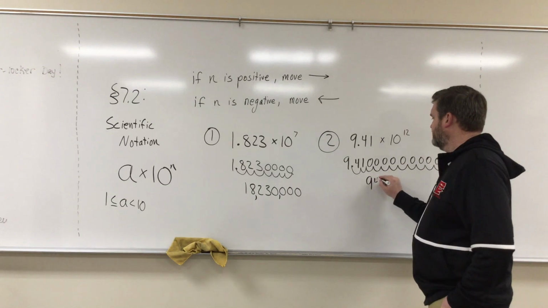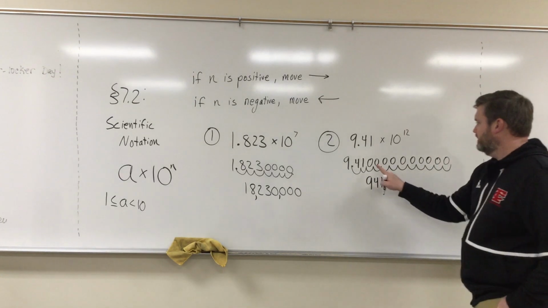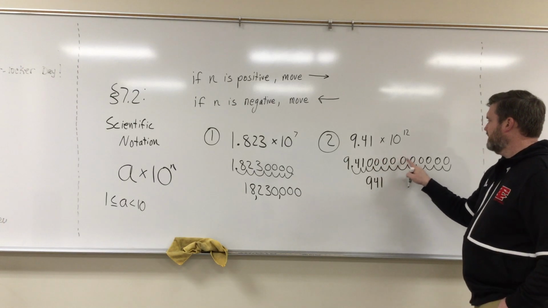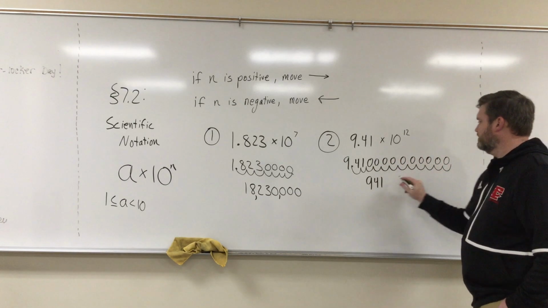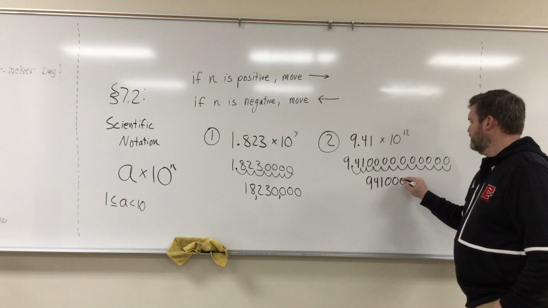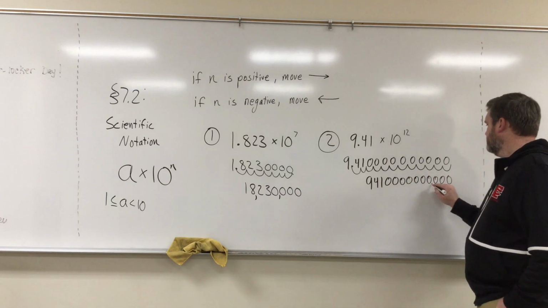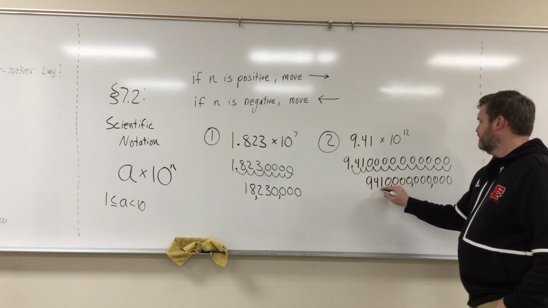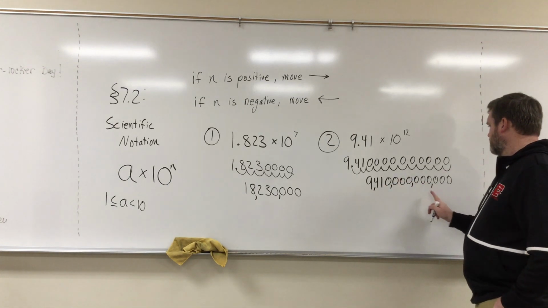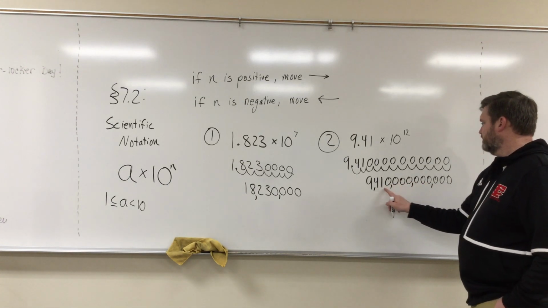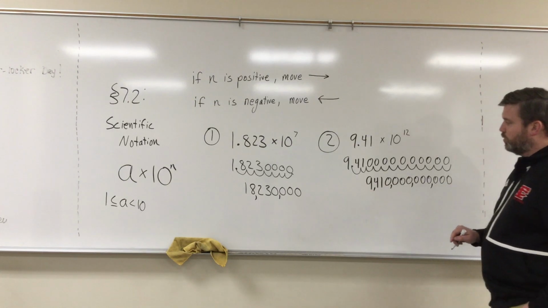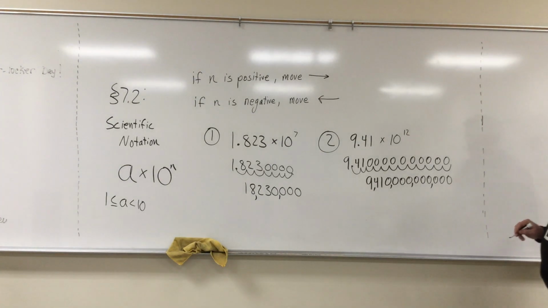Then rewrite it nice and neat. So that ends up being 10 zeros. Go back and fill in your commas. Let's see, million, billion. So that's 9,410,000,000,000.